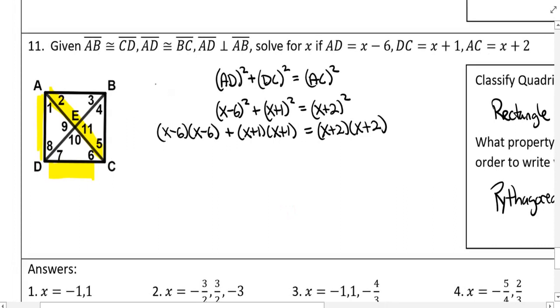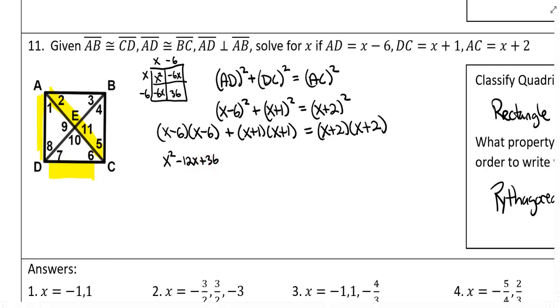So if I go x minus 6 times x minus 6, I'll draw the boxes here. So x times x is x squared. You get negative 6x, positive 36. And so I'm going to write it below. We got x squared. We got two negative 6x's, so that's negative 12x, and a positive 36. So that's that part.